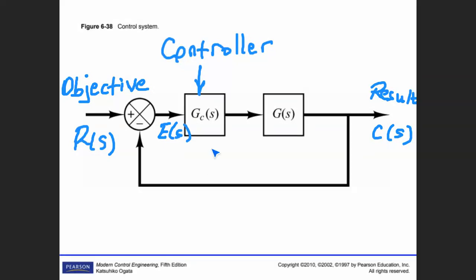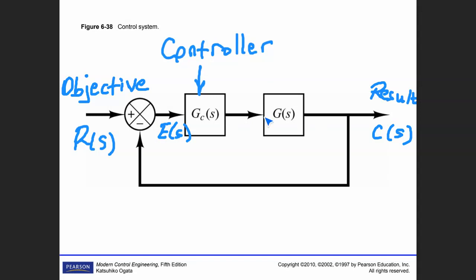For example, for PID we are adding 1 pole and 2 zeros to this system. That is the controller. That could be proportional, integral, derivative, all together, or a lead compensator or lag compensator.